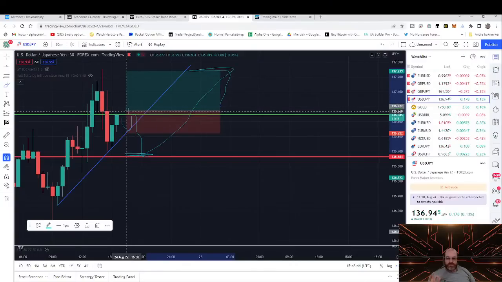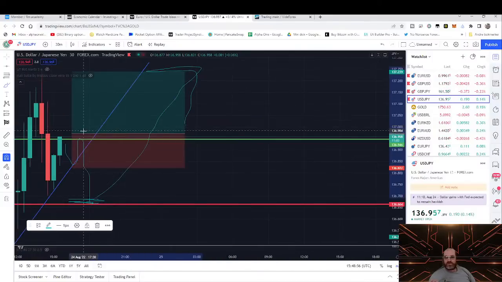We need to be patient, because we are not hunting trades, we are waiting for confirmations. A confirmation for me would be if we could close above here. Like now, for example, if they close in the position it's in now, then the next trade I will take a long trade and target this.